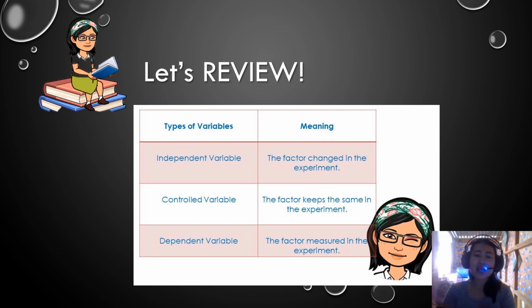And remember, it is the factor changed in the experiment. Second is controlled variable. And it is the factor kept the same in the experiment. The third type of variable is dependent variable. And it is the factor measured in the experiment.